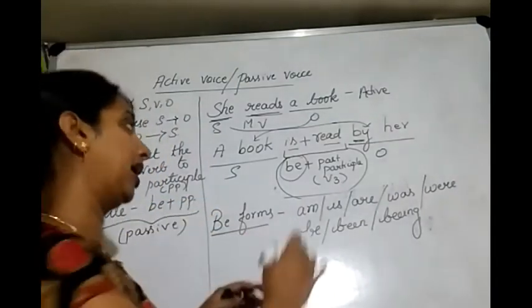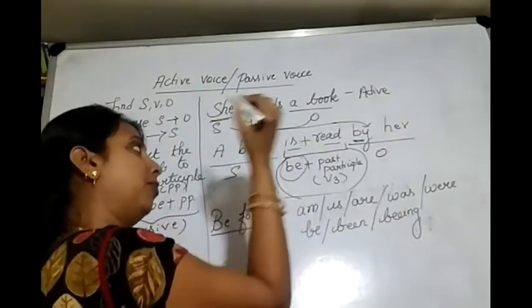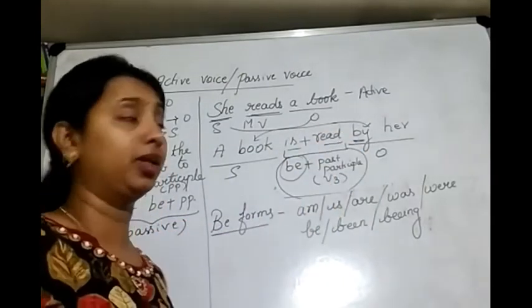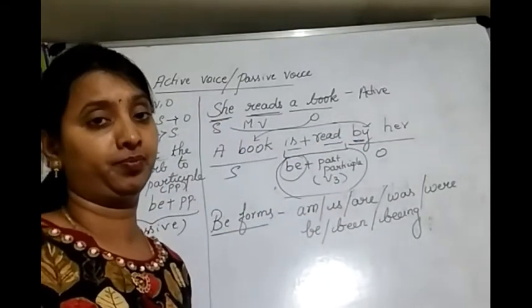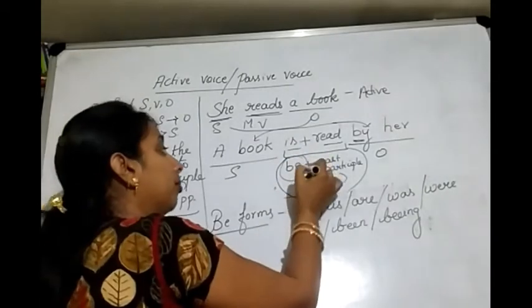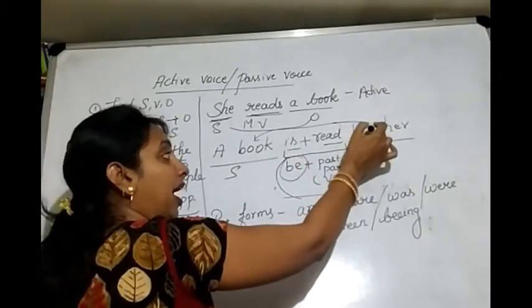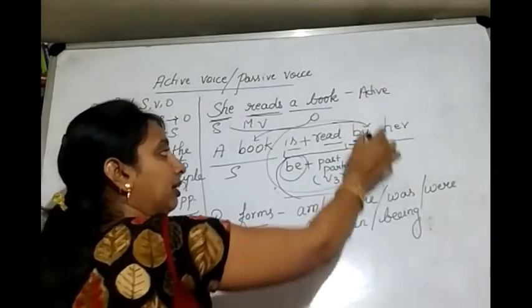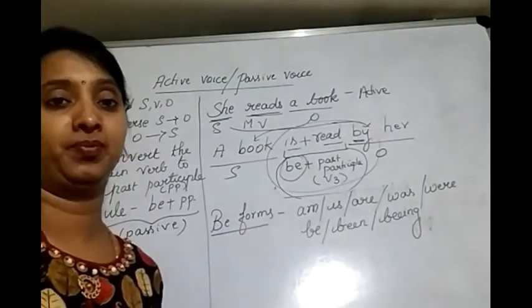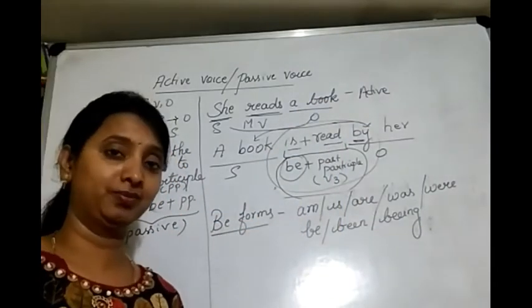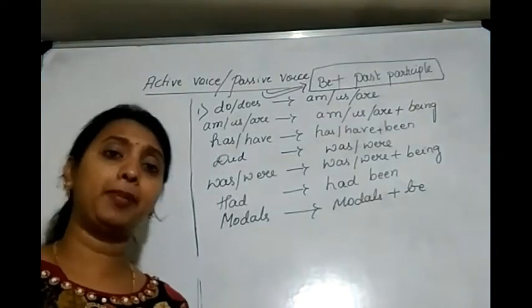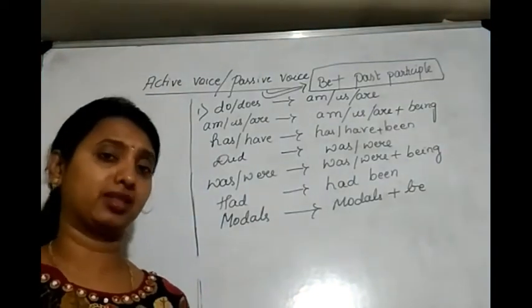So, we have to make sure that we have one be form plus one past participle in passive voice. So, be form plus past participle and by. These are the important things in passive voice. Did you understand this rule? Let's understand passive voice very clearly with some examples.